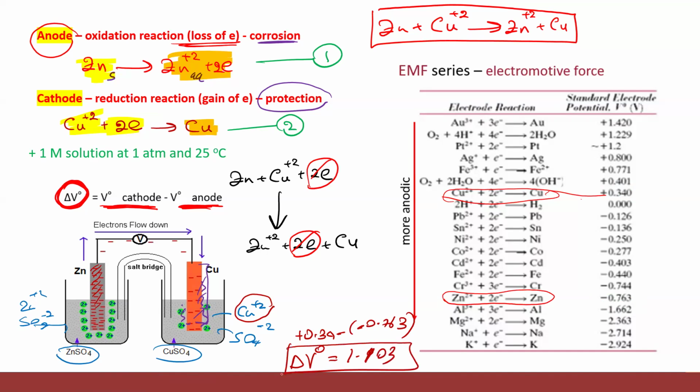So this is a positive value. That's why it is possible to have a current in that direction. So always, if it is in the right direction, then we have a positive number there. So delta V naught is 1.1033. Do we all get that? Anyone got anything else?